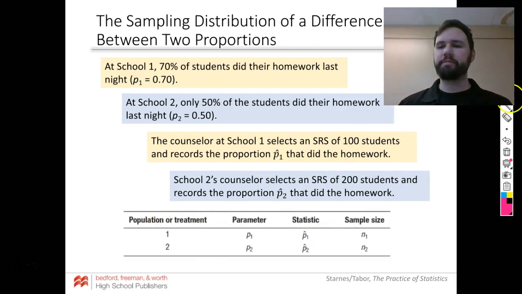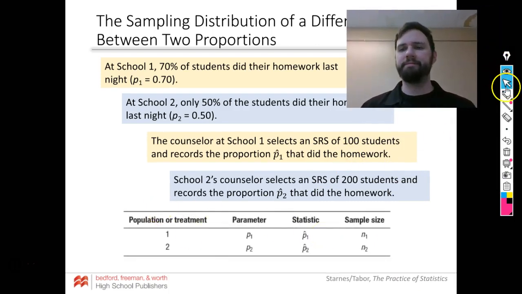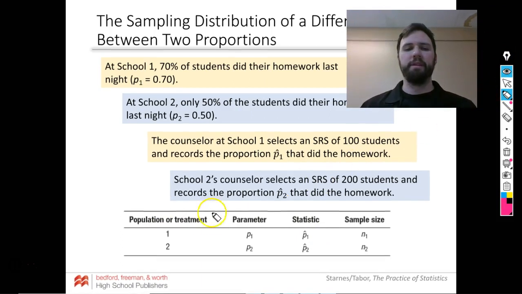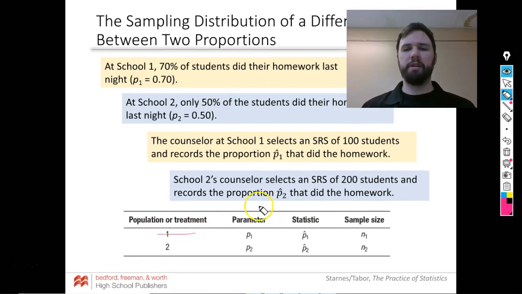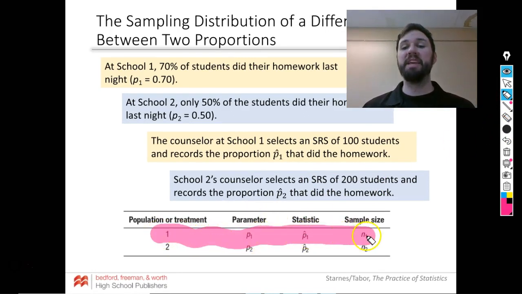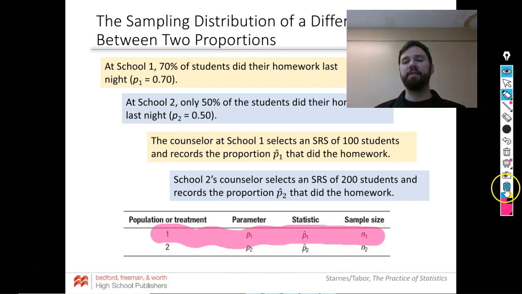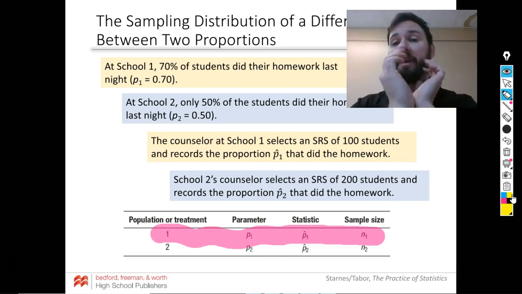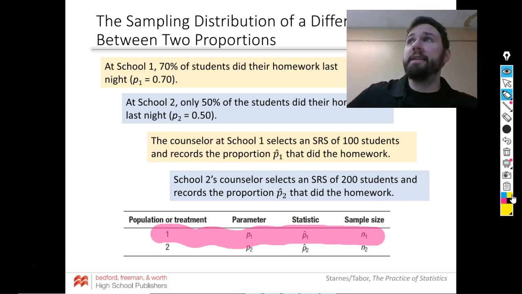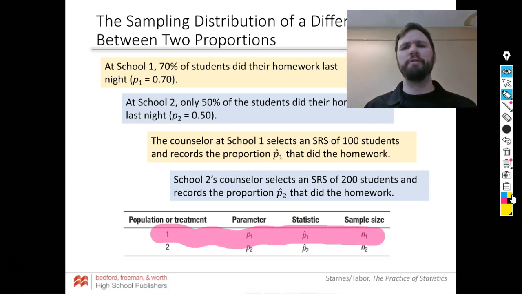So, our population 1 has a parameter of P1, a statistic of P hat 1, sample size of N1. I'm just trying to show you guys the abbreviations, the symbols that we're going to use for this.